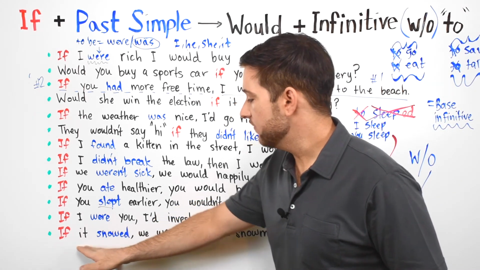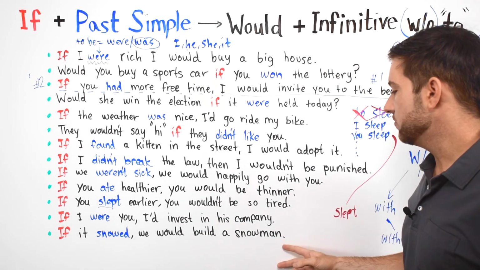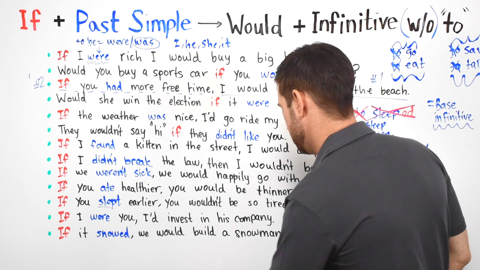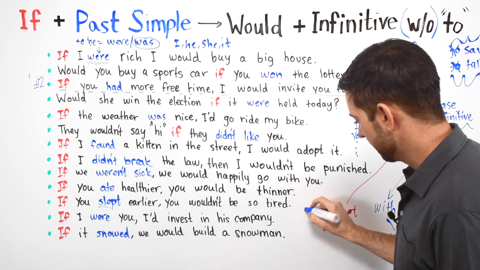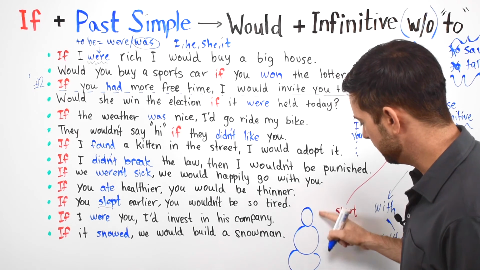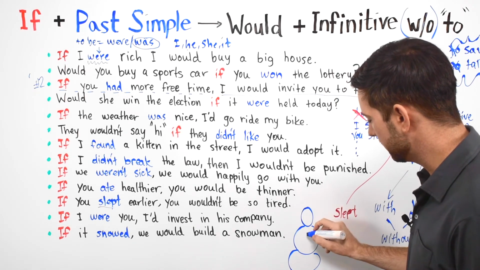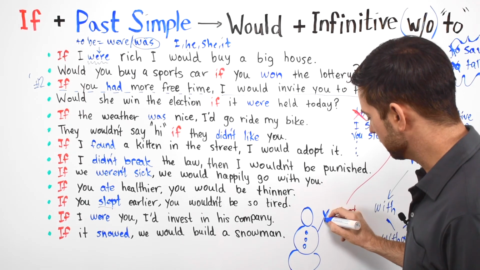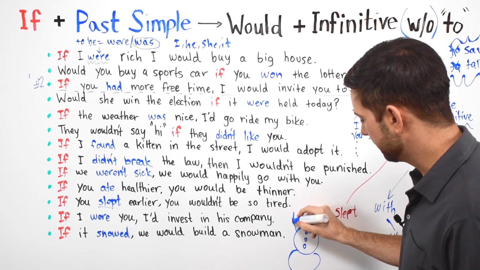And then finally, if it snowed, we would build a snowman. Okay, if it snowed, we would build a snowman. You know what a snowman is? A snowman has usually three large snowballs, and then you have the buttons, okay? And then you have the arms. The arms are made out of sticks.